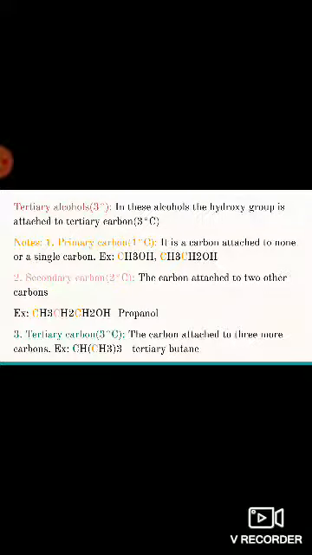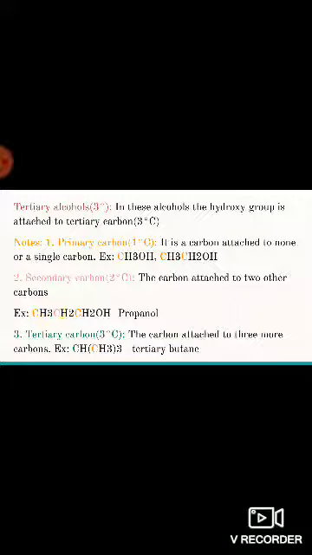A secondary carbon is a carbon which is directly attached to two more carbon atoms. An example is propanol. Here the first and third carbons are primary carbons, but the second carbon is a secondary carbon because it is attached to the first carbon and the third carbon.